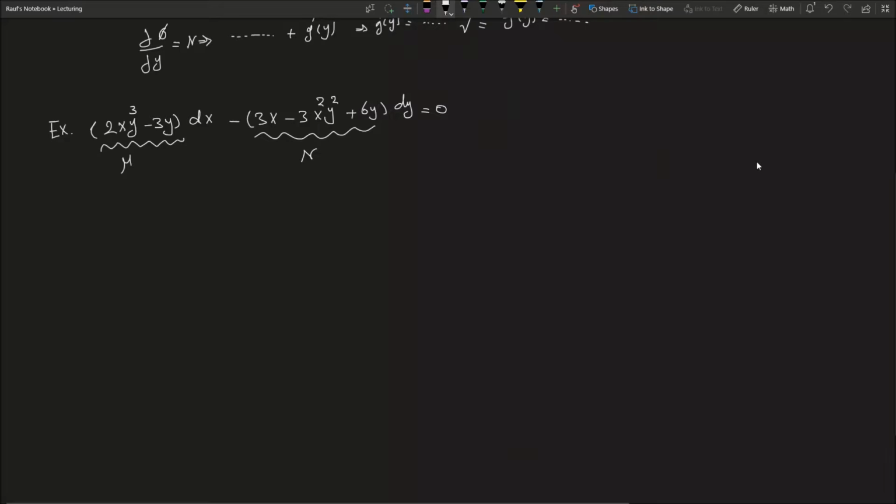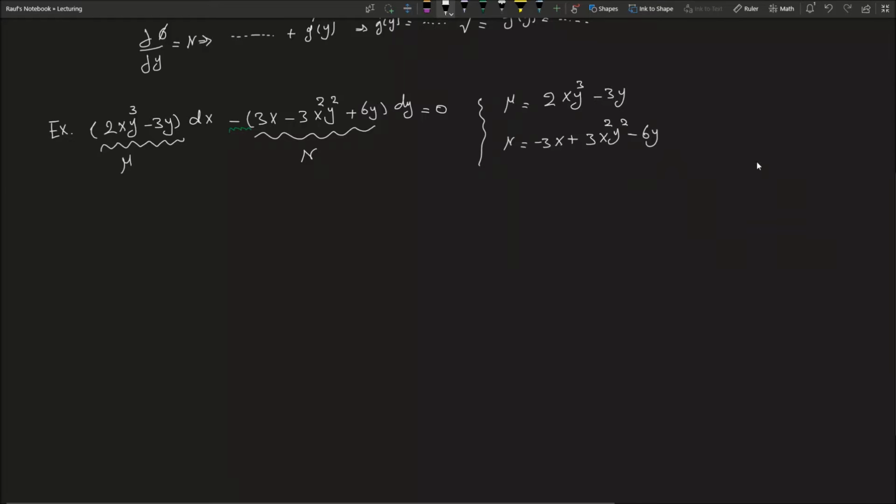To be more clear, we can write on the side that mu equals 2x multiplied by y cubed minus 3y, and nu equals, watch out for the integrated value over here, nu equals minus 3x plus 3x squared y squared minus 6y.